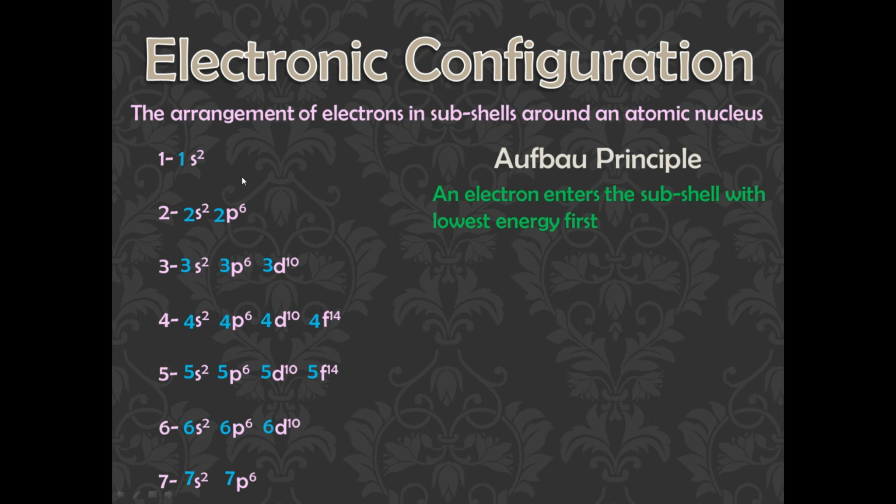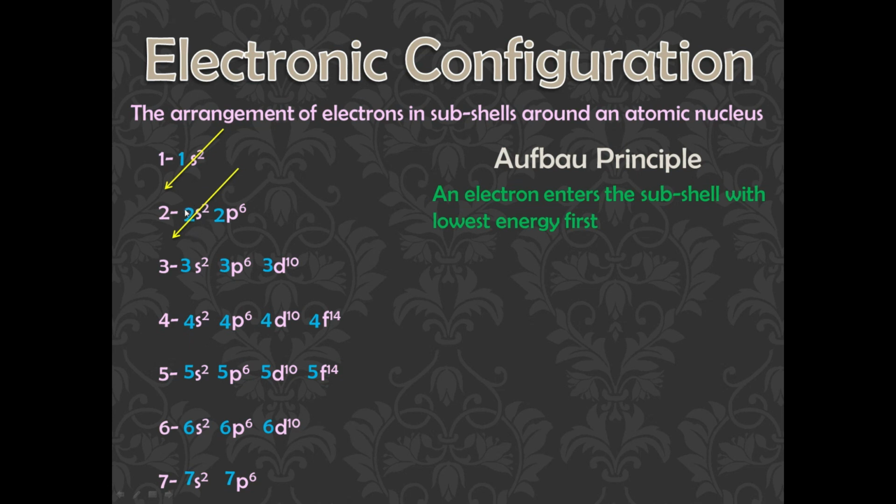So according to the energy of each subshell, electrons are filled like this. This arrow is showing you the way electrons are filled. First of all, electron will go in first subshell 1s2, which is having the lowest energy. Then electrons will go in 2s2.